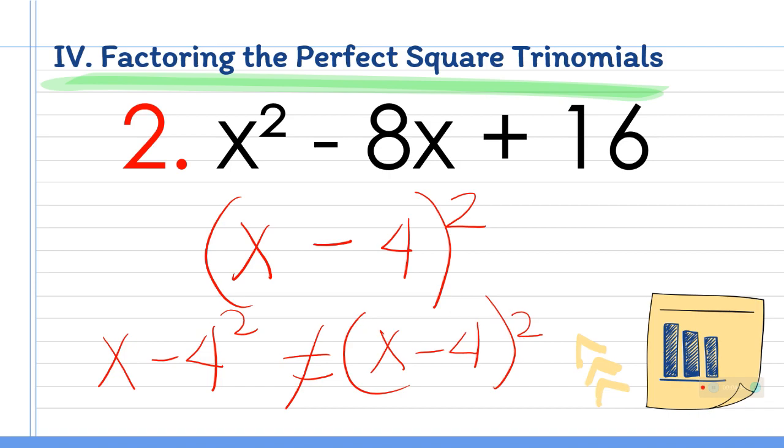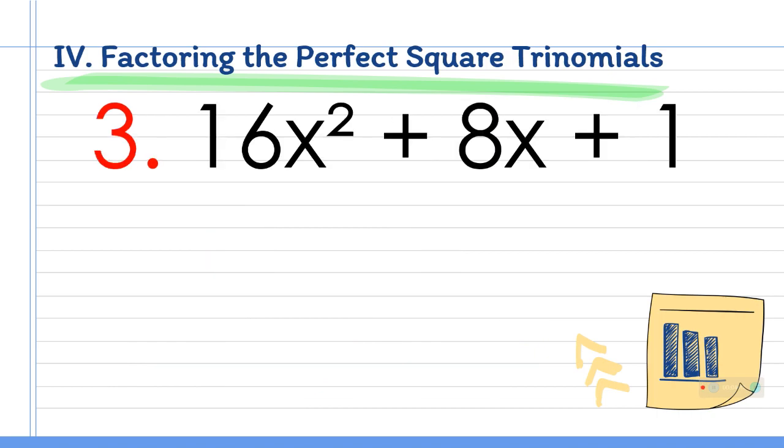So do not forget to have your quantity because they have different meanings. Okay? And also with the first example, you have to read that with the words in quantity raised to the second power. Okay? Next, let's have number 3.